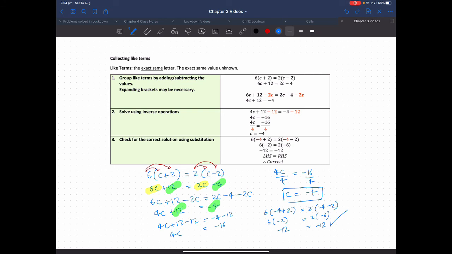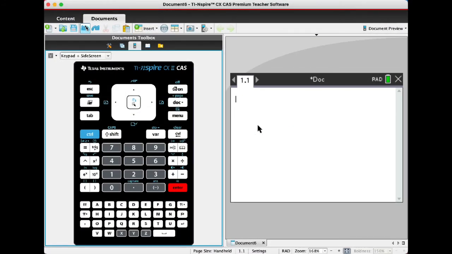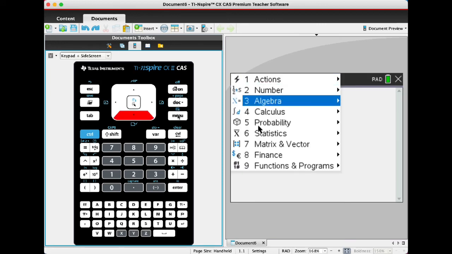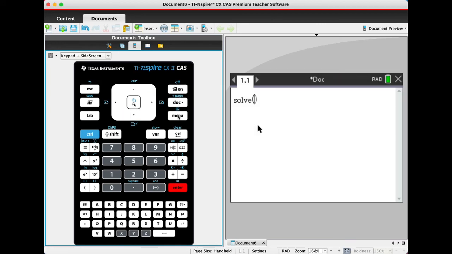Now I'll show you how to do it with the calculator. We're now going to solve this equation in exactly the same method as we did with the first example. We go Menu, Algebra, Solve.